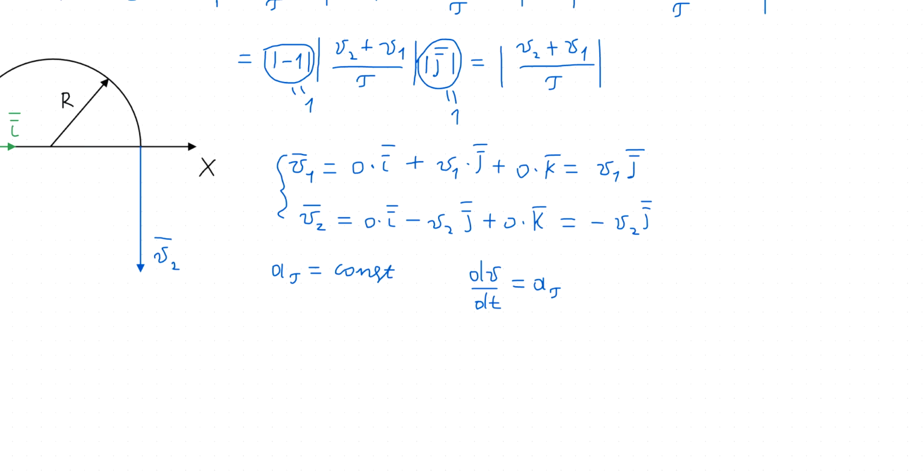The variables here are t and v. To separate variables, it is necessary to meet two conditions. The first condition is that different variables must be on different sides of the equation.